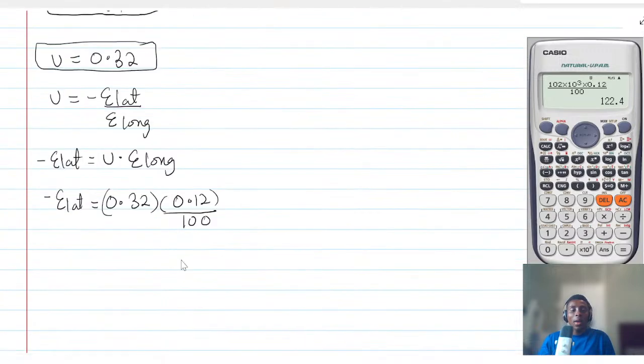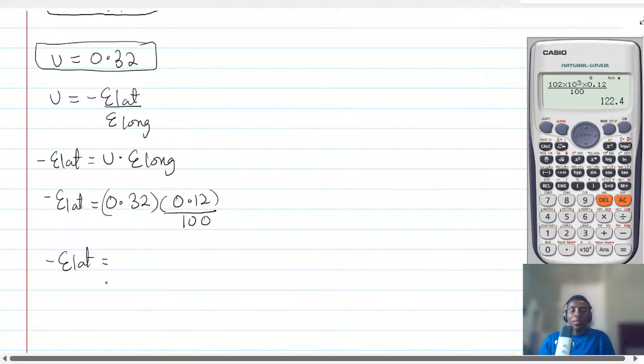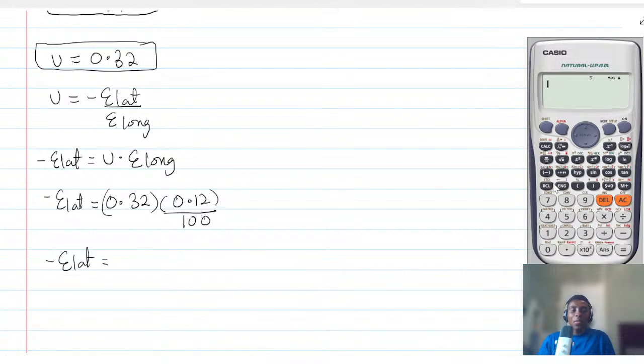When you solve for this, you will get 0.32 multiplied by 0.12 divided by 100. And what is that? 3.84 times 10 to the minus 4.